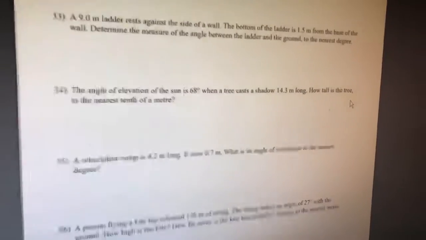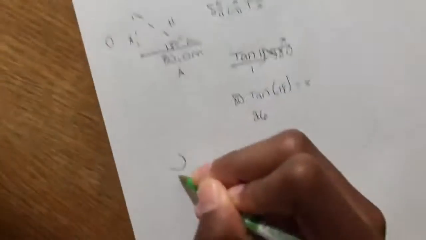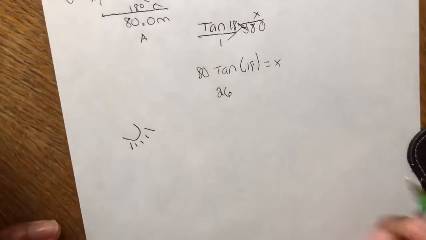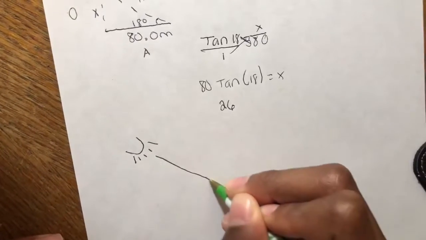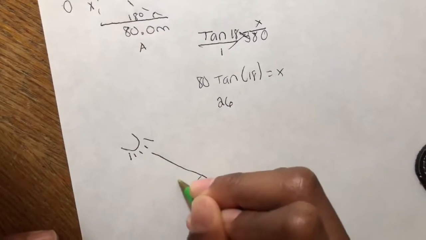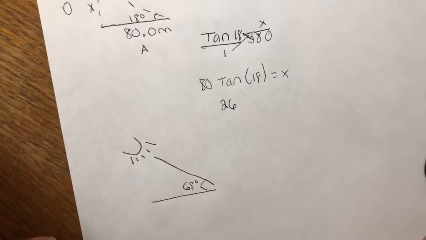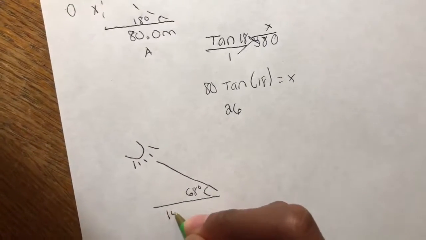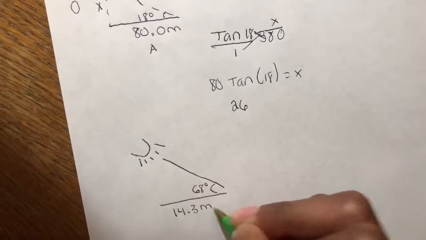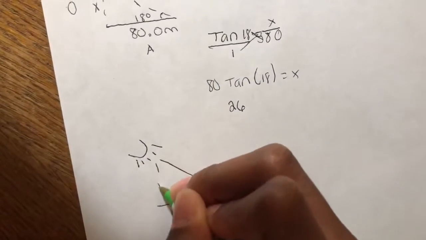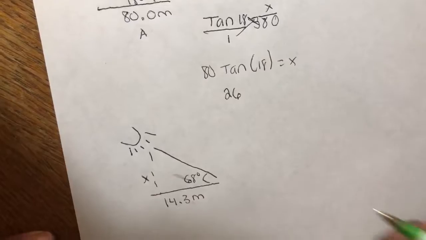To start off with, the angle of elevation from the sun to the ground is 68. So you want to draw that, 68. It says here the tree cast a shadow that is 14.3 meters long. You don't know the tree height yet, so that's x.